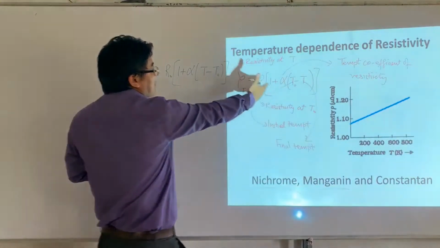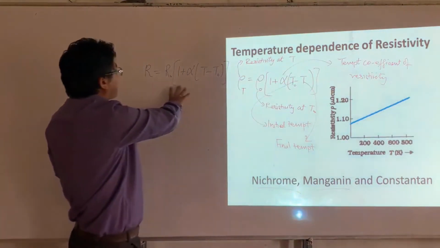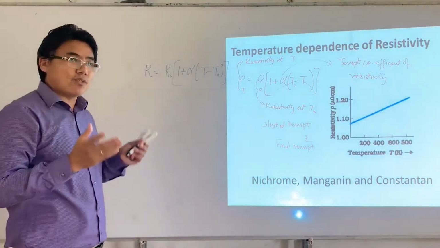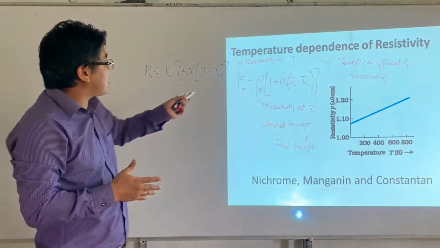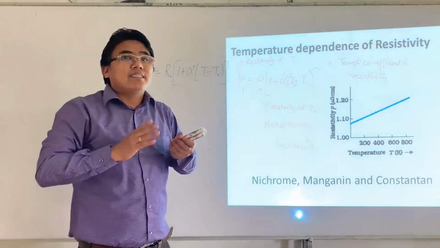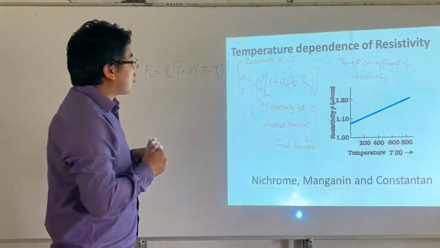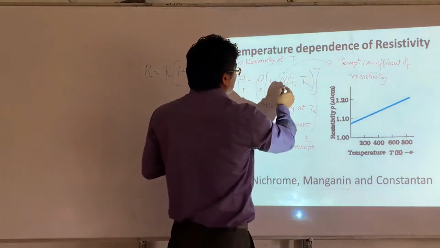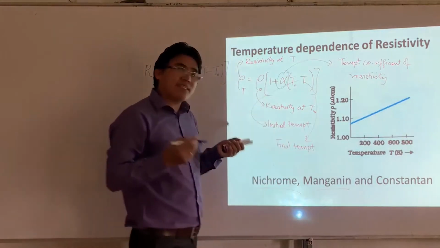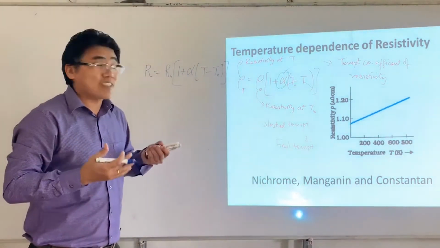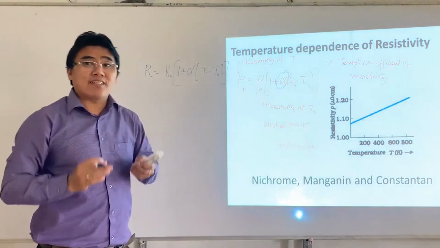This is how resistivity depends on temperature, and it is also the same for resistance. And look at here, this tells us that the equation is a linear equation, and alpha, the temperature coefficient, is the slope. This is how it depends.